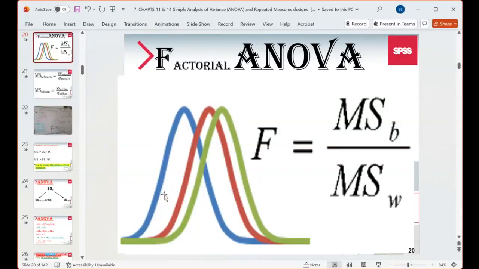What you're looking at now is the formula for ANOVA. Just like you saw, t-test has its own formula, z-score had its own formula, and the formula for ANOVA is F equals MS between, that's what the B is, divided by MS within, that's what W is. And then again, MS is variance. Mean square is just like variance.